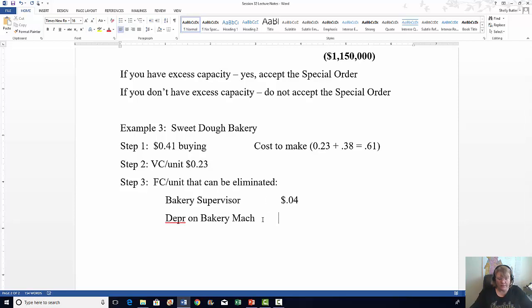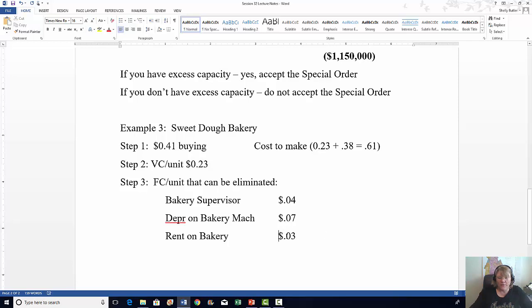We definitely want to add a tab. Wow. There we go. 7 cents there. And then the rent on the bakery, and that is 3 cents.